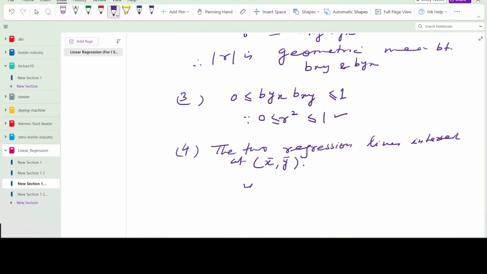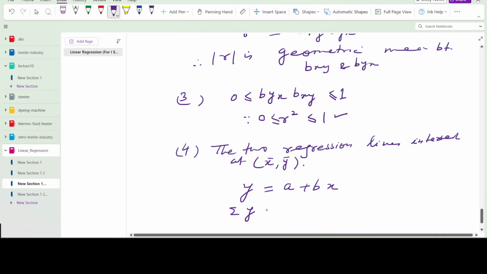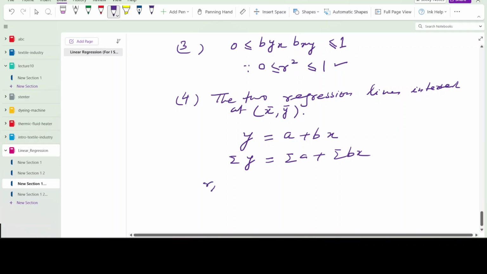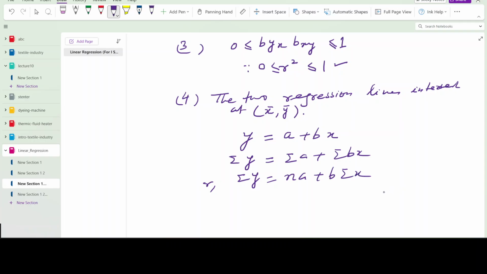We are taking the regression of y on x, that is the line y is equal to a plus bx. We will take summation on both sides. Sigma y is equal to sigma a plus b sigma x, or sigma y is equal to na plus b sigma x.